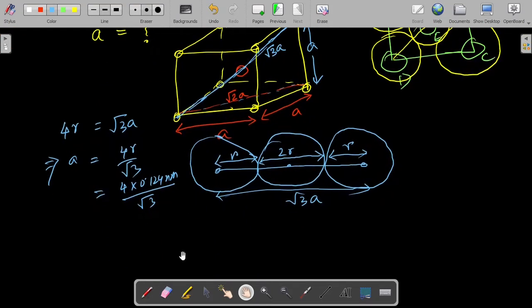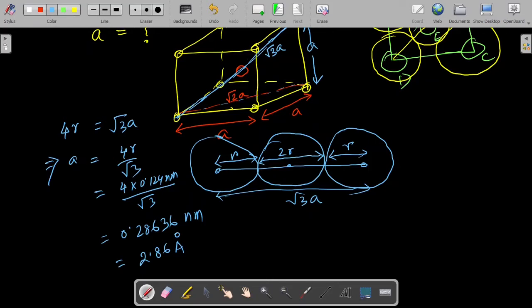Now this would give you A is equal to, let's see, 4 divided by the square root 3 multiplied by 0.124 is equal to, I have just calculated it, 0.2863 nanometer, or rather you can say 2.86 angstrom.